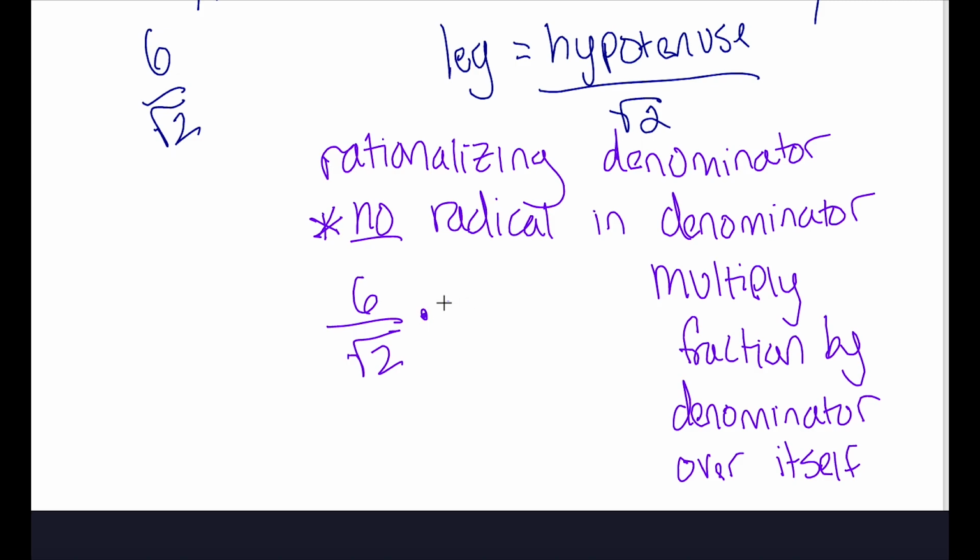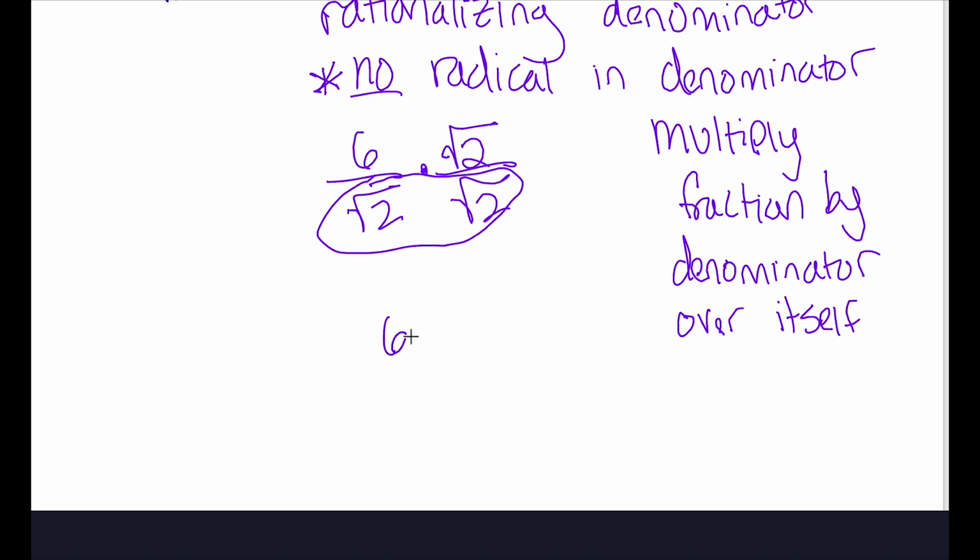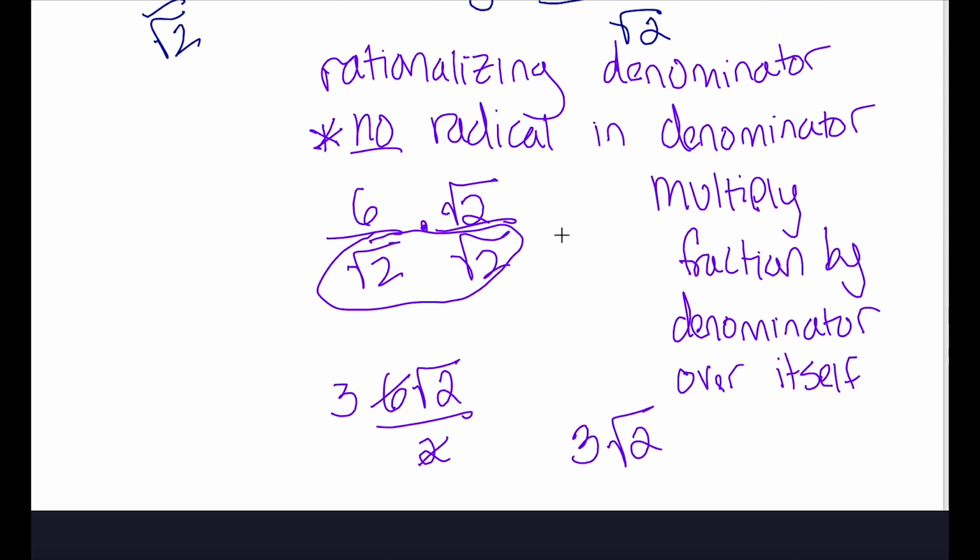So we multiply 6 over radical 2 times radical 2 over radical 2. And remember, if I multiply the square root of 2 times the square root of 2, it simplifies to 2. So we get 6 times the square root of 2 over 2. Now 6 over 2 can be simplified. So my side lengths are 3 radical 2. Those are the lengths of my legs.